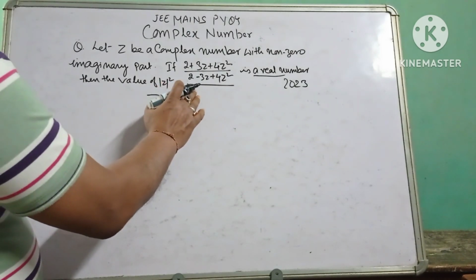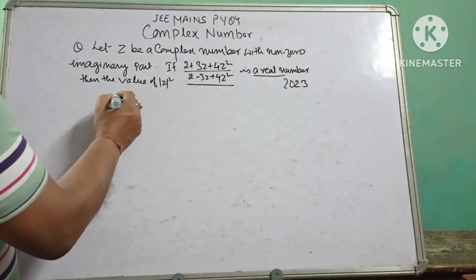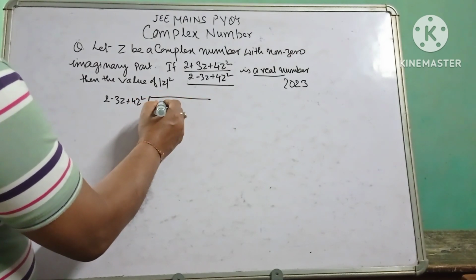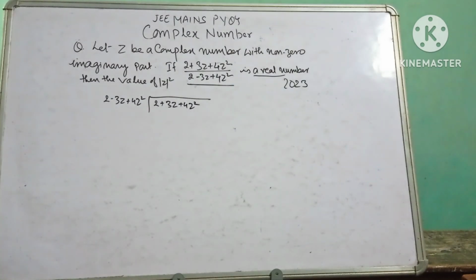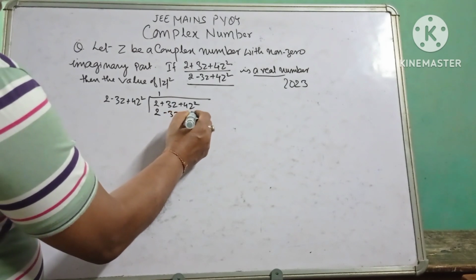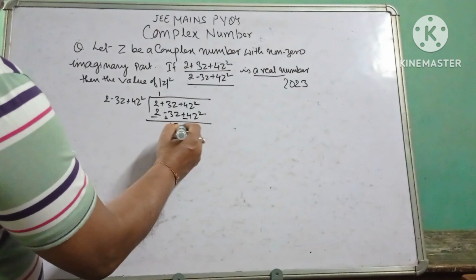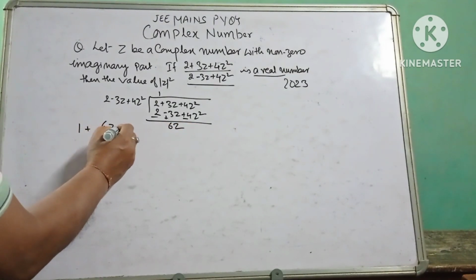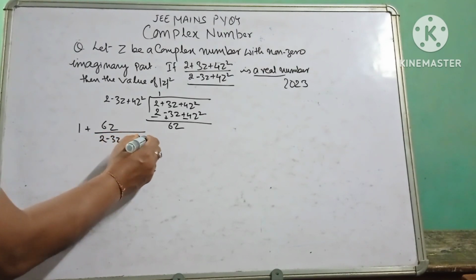So first of all, what I am going to do is divide it. 2 plus 3z plus 4z square. So here 1 times, that is 2 minus 3z plus 4z square. So this comes a minus plus minus 6z. So this comes out to be 1 plus 6z by 2 minus 3z plus 4z square.